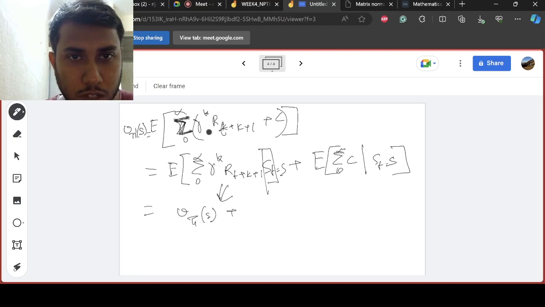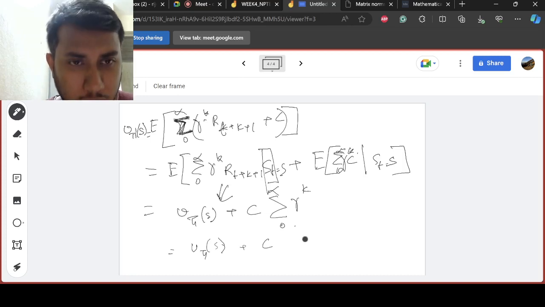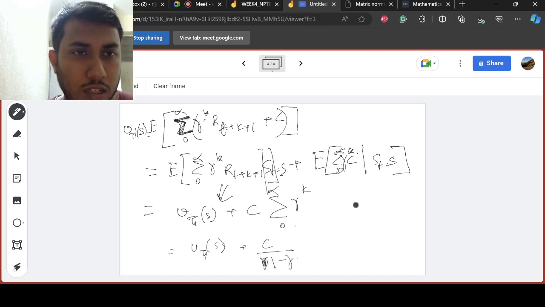Infinite series over, okay, so this part is there, y to the power of k. So we take the c out and do a summation of y to the power of k to infinity. So this will be 1 by s plus c k divided by 1 by 1 minus gamma, right?